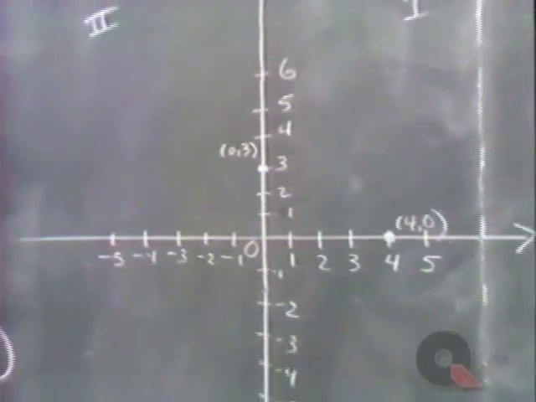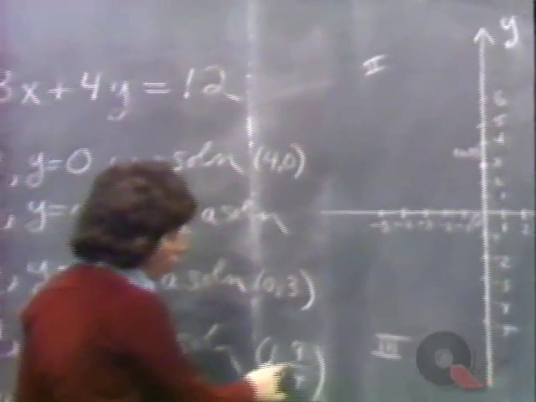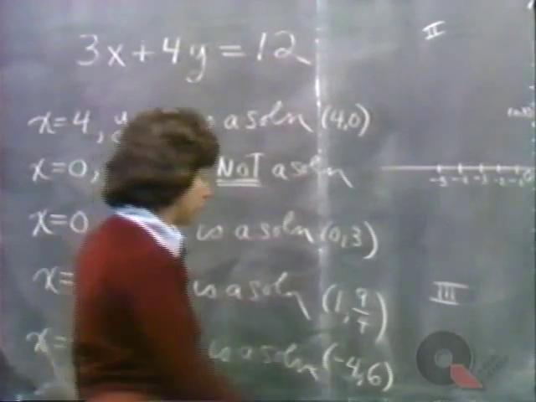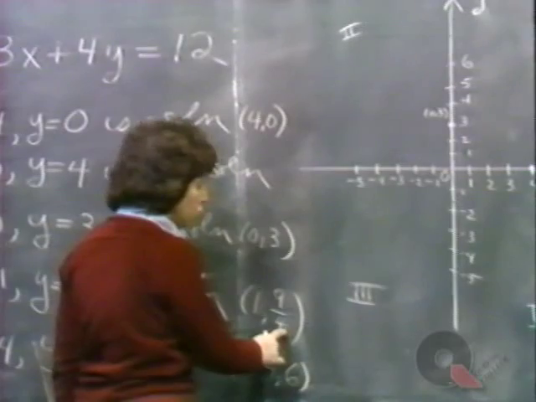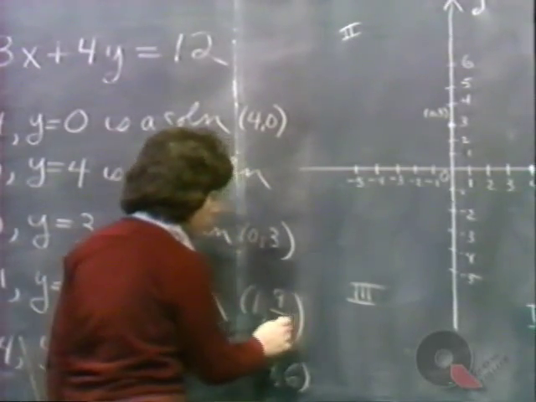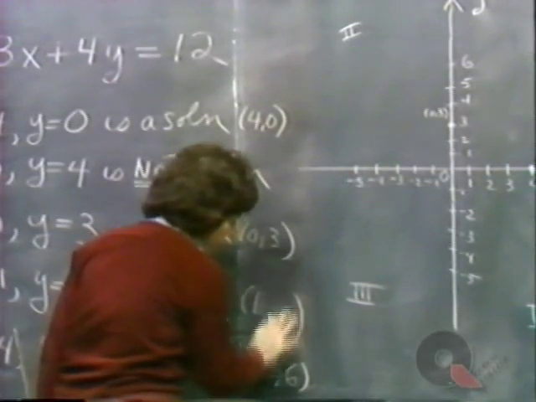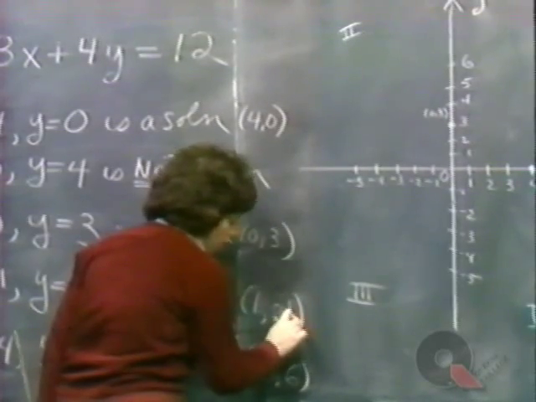Now the point (1, 9/4). 9 quarters, of course, is 2 1/4. So we will move to the right 1 and up 2 1/4.